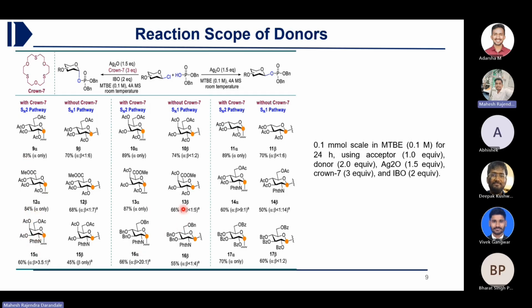In many cases they have shown only alpha, and in some cases alpha and beta. Here, for example, in this case, alpha and beta they have shown 20:1. Maximum times they have shown only alpha. Also, their target was just to get this glycosyl phosphate, the naturally occurring compounds.